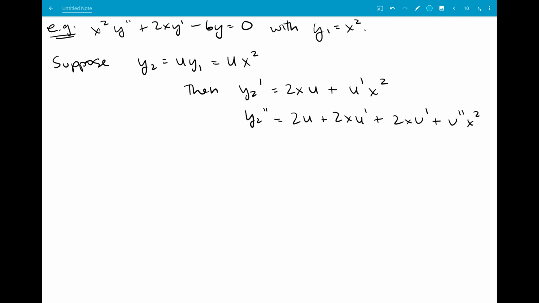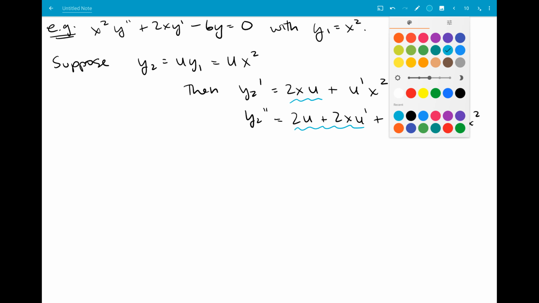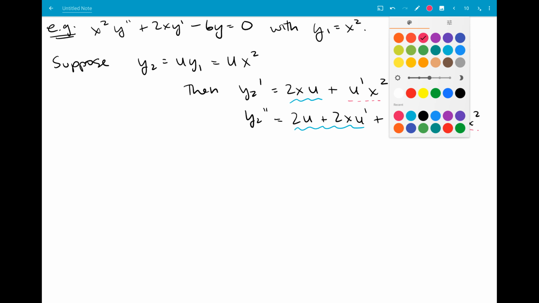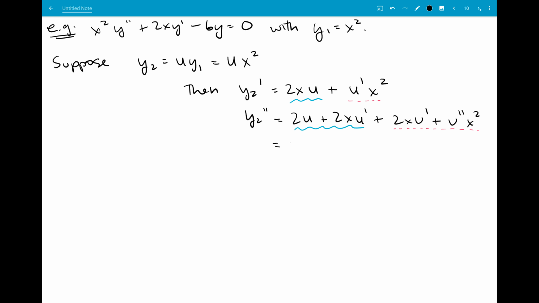I'm just going to highlight real quick that the first 2x u prime came from the product rule on the first term, and the second 2x u prime came from the product rule on the second term. The derivatives, I know, can get a little complicated when you're doing the double product rules. When I simplify it, that just becomes a 4x u prime in the middle, and my u double prime x squared is left over on the end.